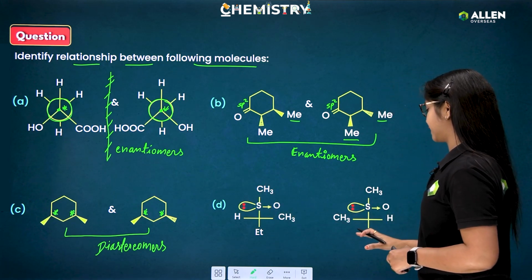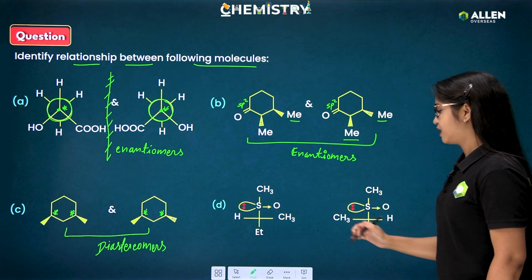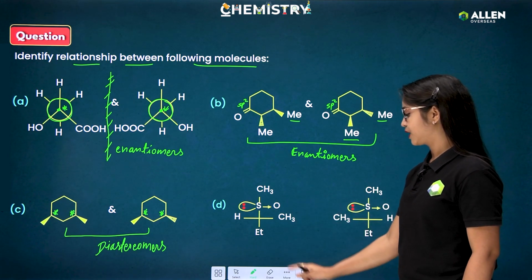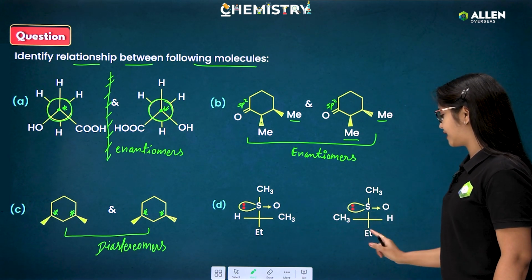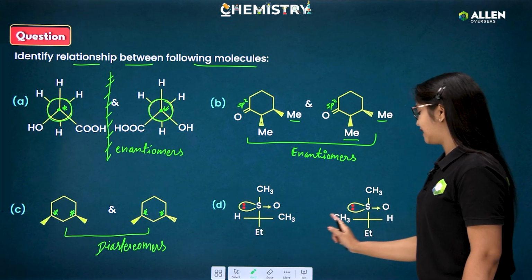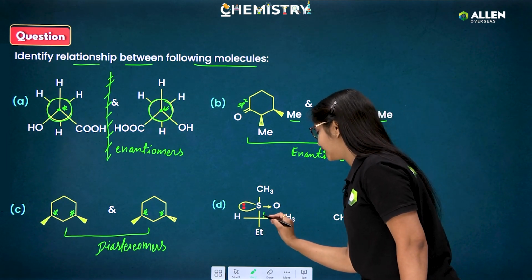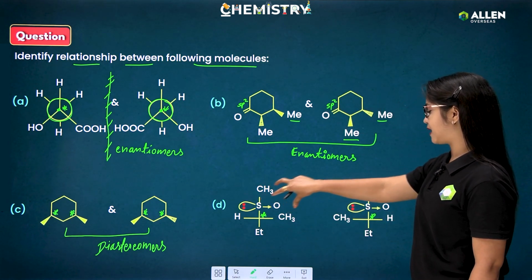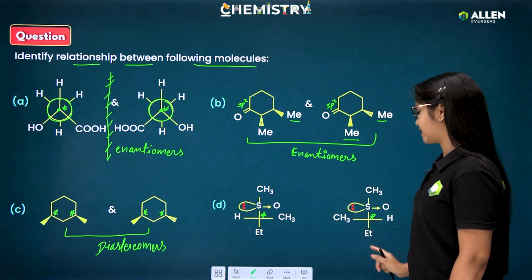Now the last one, okay. In the D option, if you will see, CH3SO, this group is as it is, okay. Ethyl is also exactly the same. Hydrogen, methyl, hydrogen. So only the orientation of 2 groups has been changed, okay. This upper part is as it is, ethyl is also as it is.